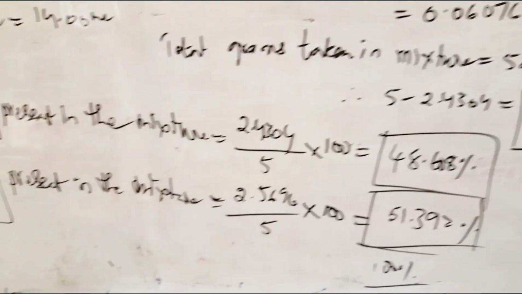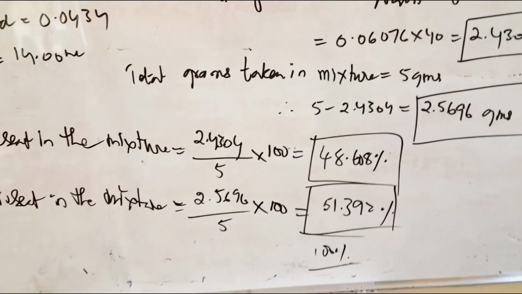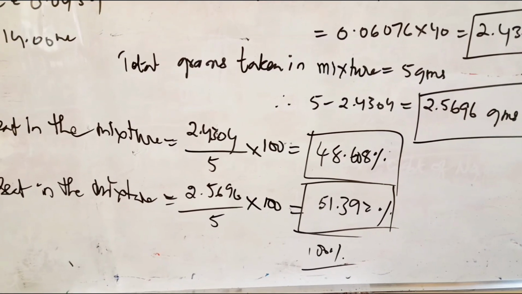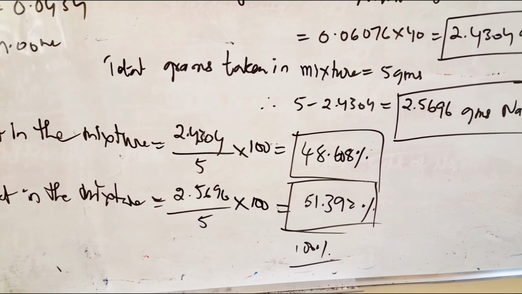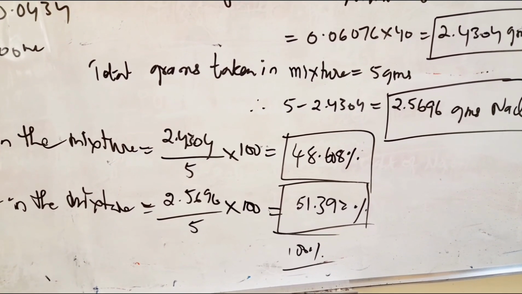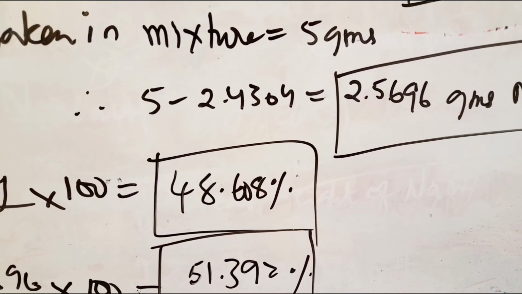Now the percentage calculation. The percentage of sodium hydroxide present in the mixture equals 2.4304 by 5 into 100, where 5 is the total grams taken. So the percentage composition of sodium hydroxide is 48.608%.